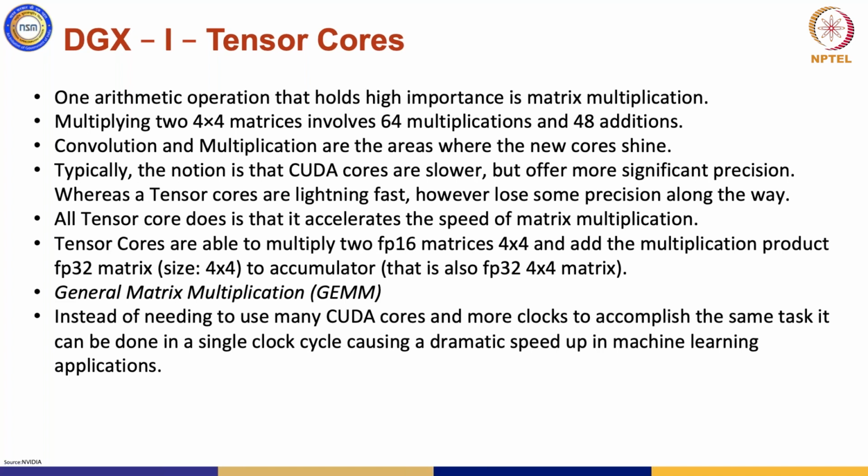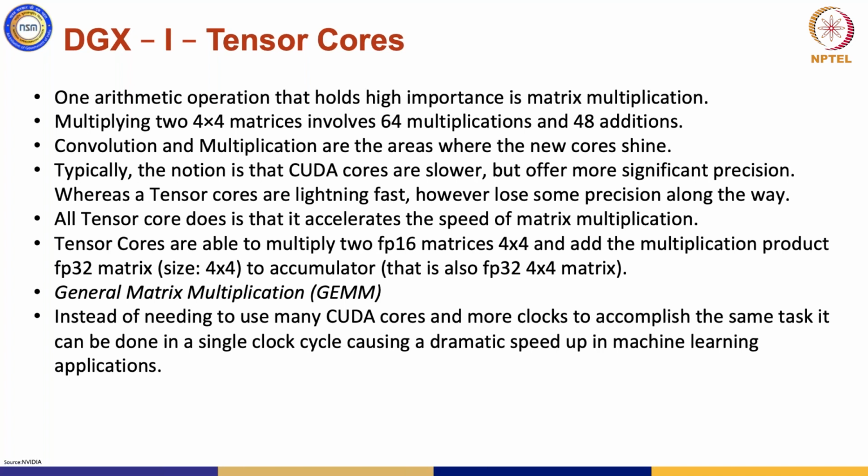Whereas a tensor core is very, very fast, and to compensate for this speed, you lose some precision, okay? So all a tensor core basically does is accelerate the speed of your matrix multiplication.